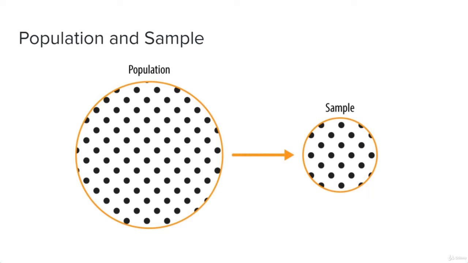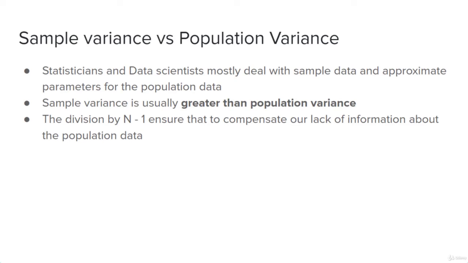For now, you can say that the population is a big dataset which we do not use, and the sample is a subset of that big dataset on which we apply all the statistical analysis. So we have already seen variance and the population and sample concept.